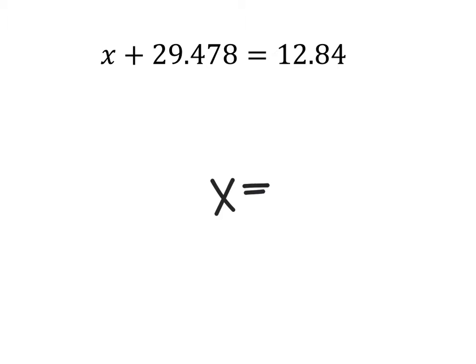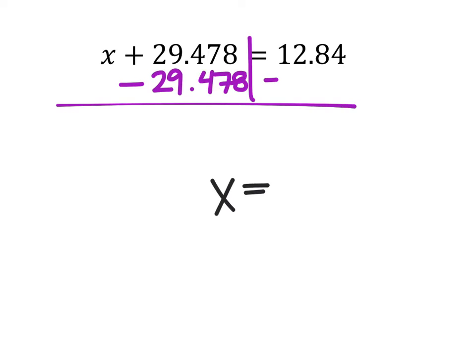So I got to get rid of that 29.478, which is positive. So I'm going to add its opposite, which is the same as just subtracting 29.478. I just need to do it to both sides. So subtract 29.478, and if you'd like you can do this by hand, but I'm going to turn straight to the calculator and do this, which you guys can see on your screen. 12.84 minus 29.478.